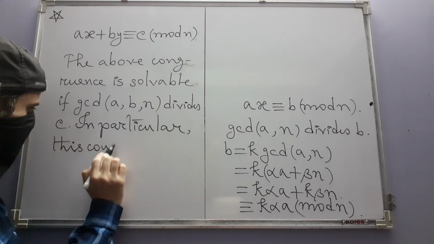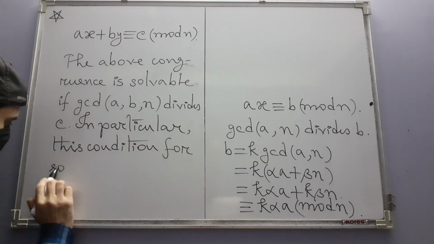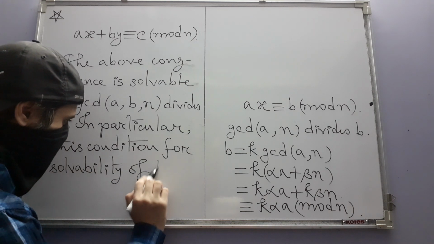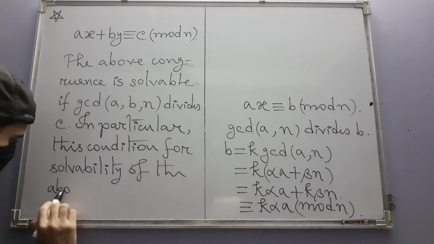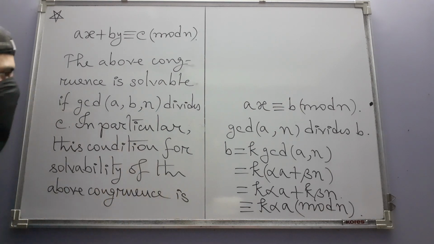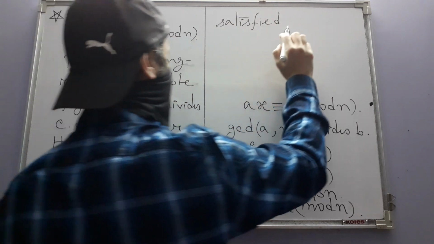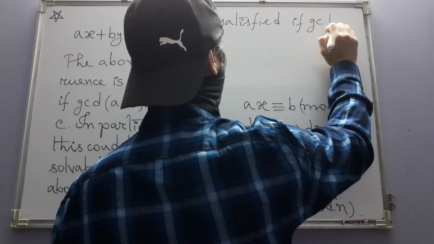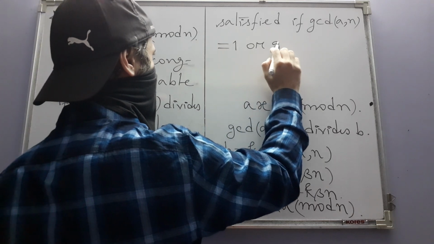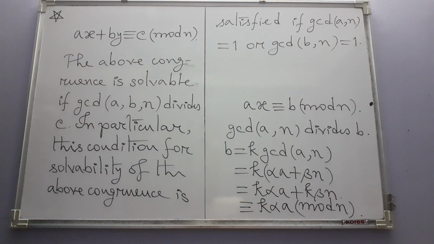In particular, this condition for solvability of the above congruence is satisfied if the GCD of A and N is equal to 1, or the GCD of B and N is equal to 1.